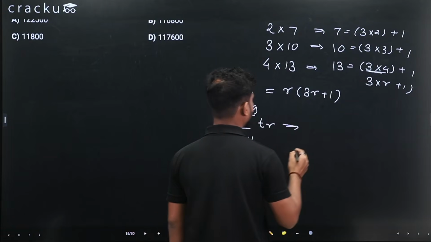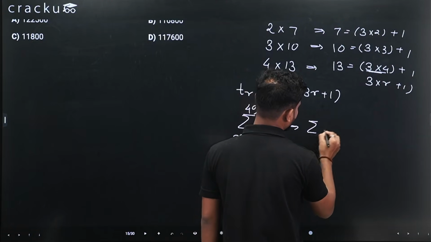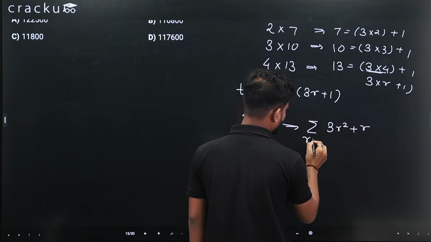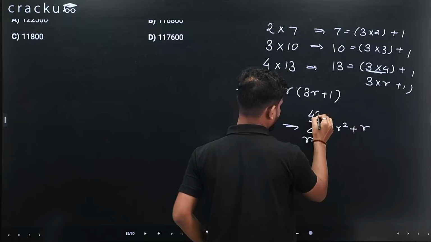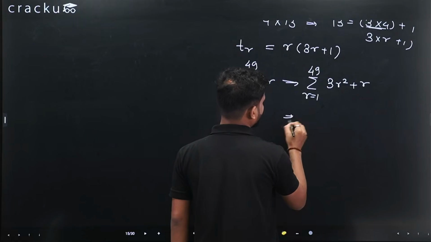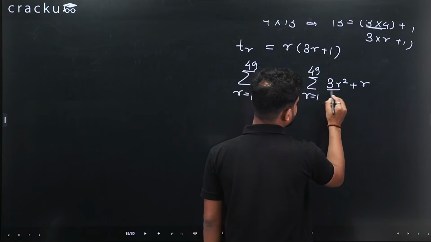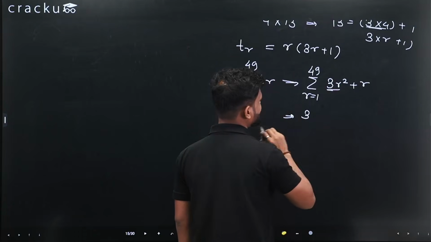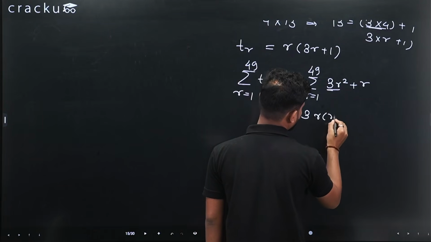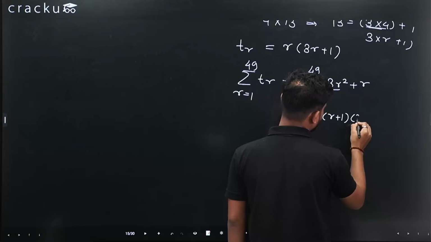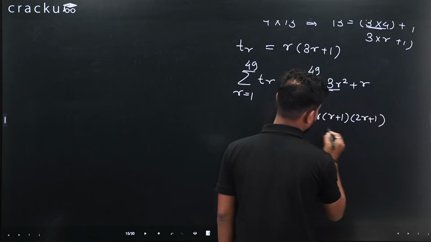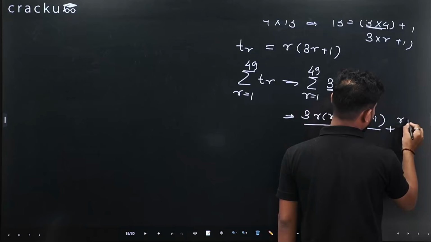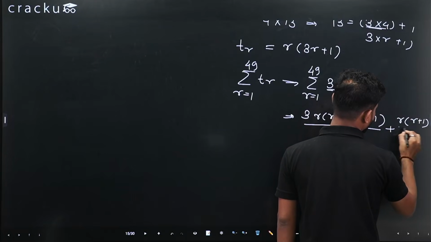From here you get what? You get summation of 3r square plus r when r is equal to 1 to 49. Right? From here what you get? This is 3r square. So you can write this as 3 into summation of r square, which is r into (r plus 1) into (2r plus 1) divided by 6, plus summation of r, which is r into (r plus 1) divided by what?